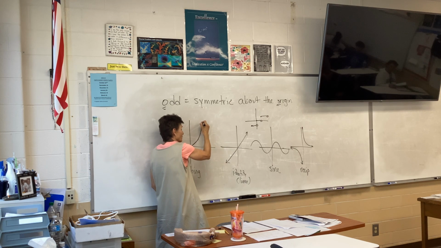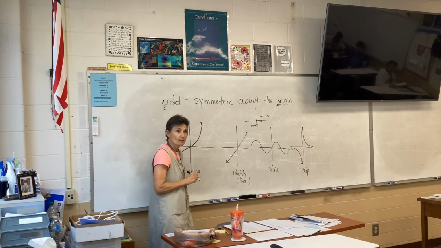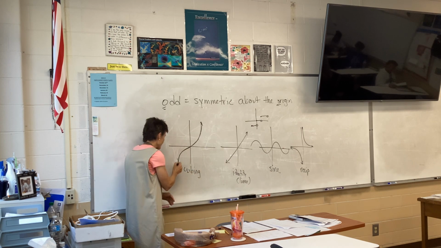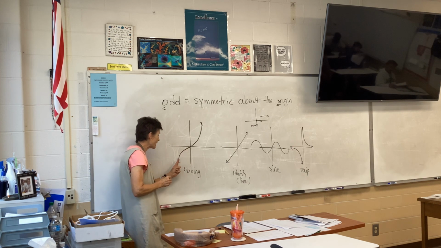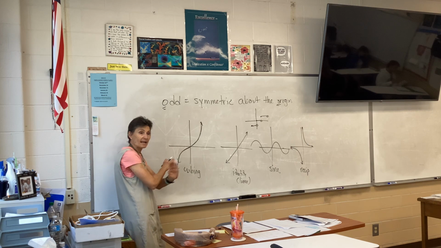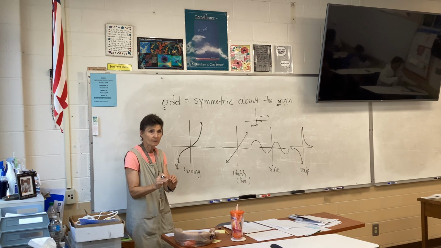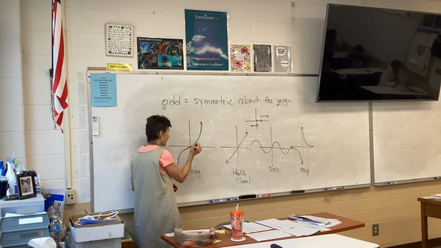Up, that's increasing. Now, don't get confused. I know there's an arrow going down like this, but to follow that arrow, I would have to be moving right to left, and I never do. When I have a conversation about increasing, it's always left to right. So left to right, my pencil's going up, so that's one.